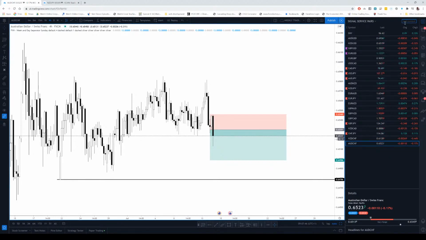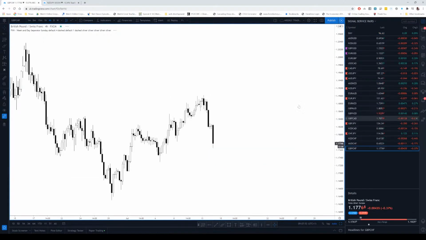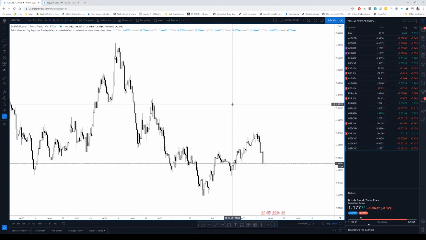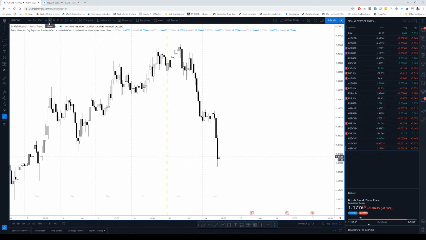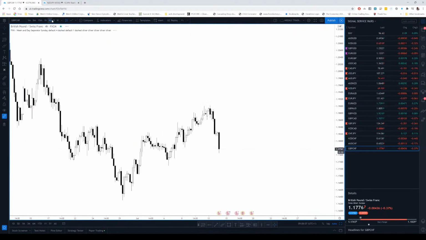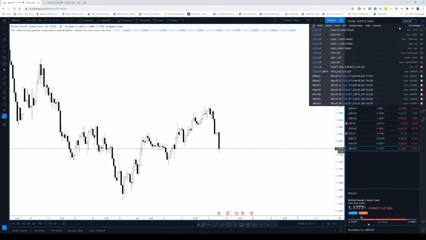Let's bring in GBPCHF. Yeah, it's not giving any clear, any good entries. No, all of them have been just dynamic to the downside. Euro Swiss, let's see Euro Swiss.